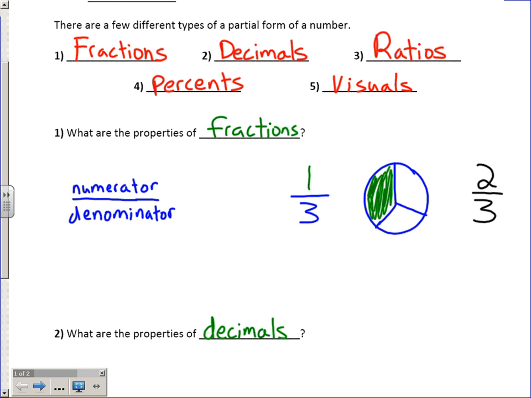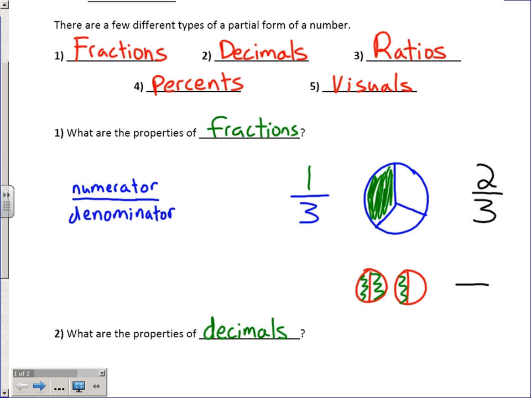Now we can also have something where you have more pieces than there are in a whole. For instance, we have 2 wholes here. We split them into half, and let's say 3 of them are shaded in. Like I just said, the denominator always represents how many pieces your wholes are broken into.